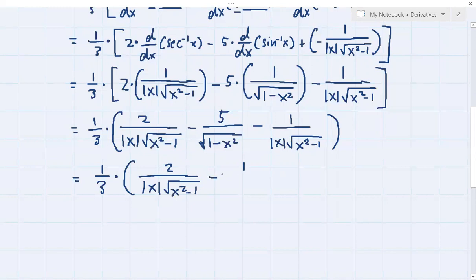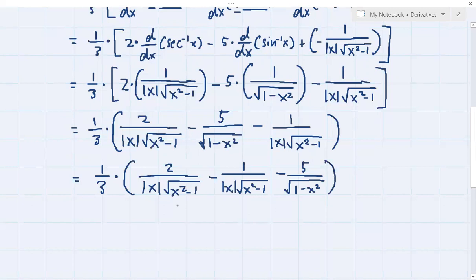Tapos minus 1 all over absolute value of x times the square root of x squared minus 1. Tapos, i-copy natin yung mga ibang terms na hindi kasama, which is si negative 5 all over the square root of 1 minus x squared.